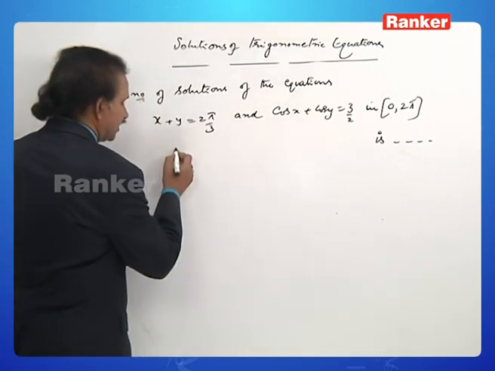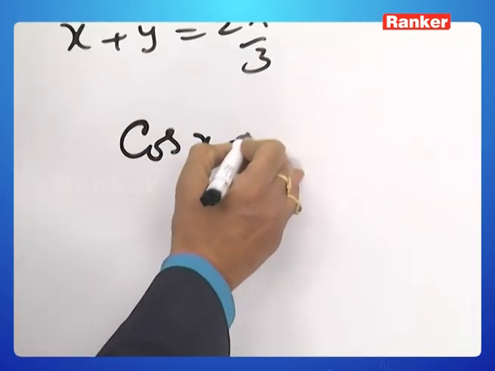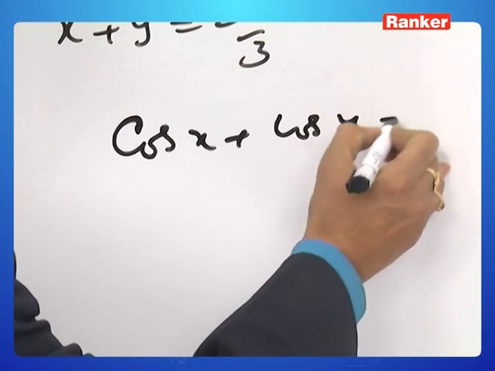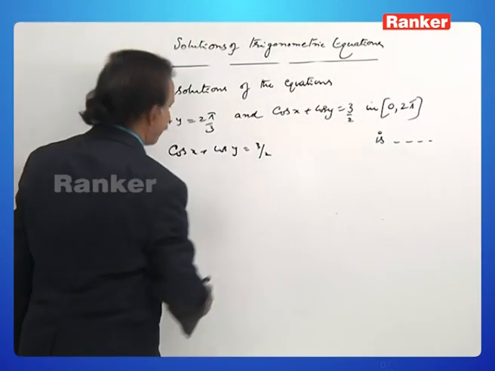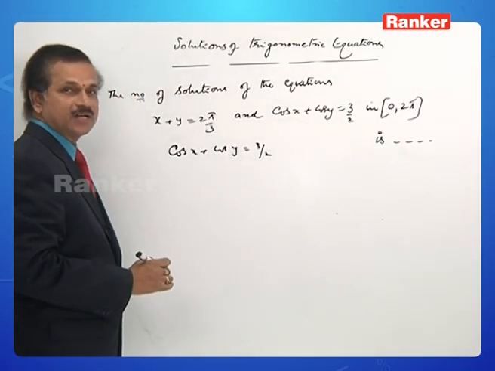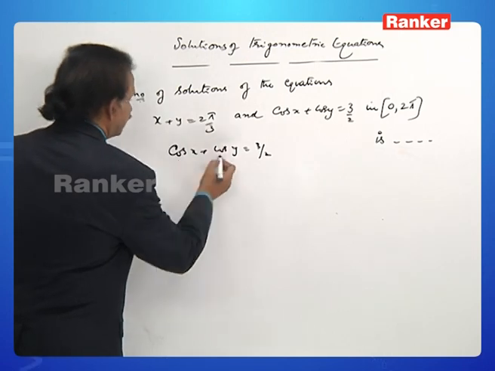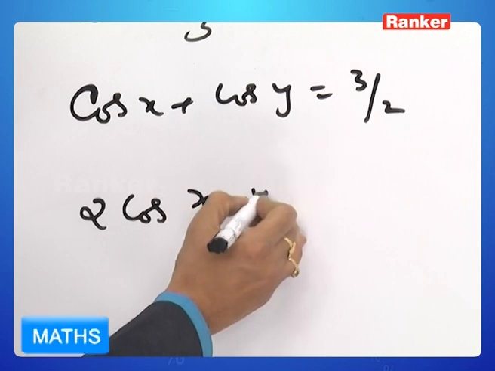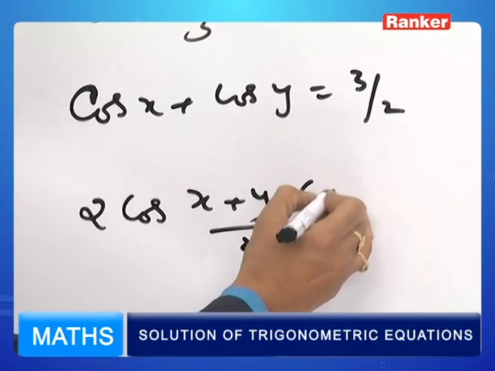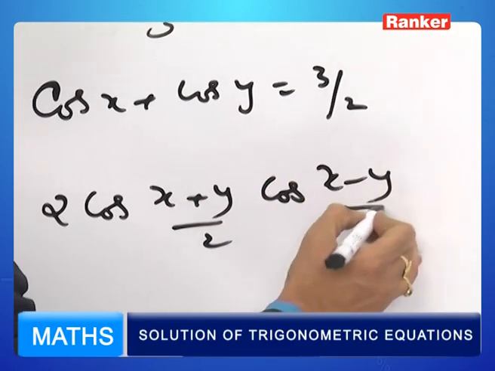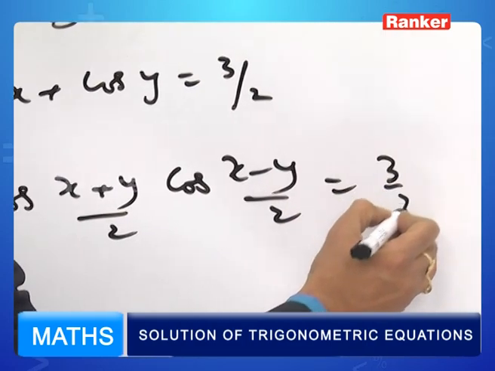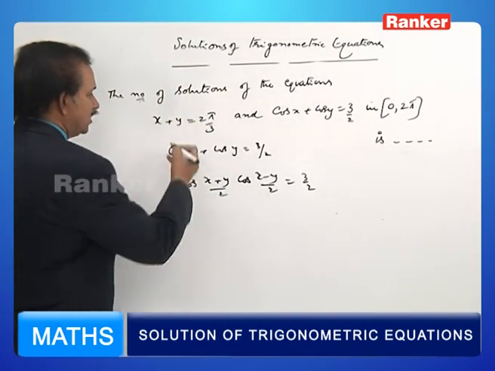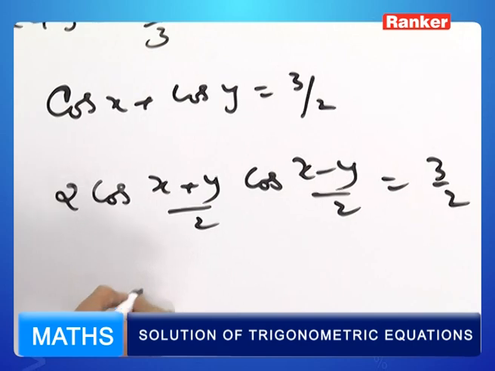Look here, cos x plus cos y is equal to 3 by 2. So, what is cos C plus cos D? 2 cos (C plus D) by 2 into cos (C minus D) by 2 is equal to 3 by 2. But x plus y is 2 pi by 3, isn't it?